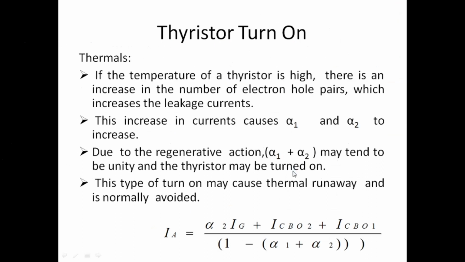Then what happens? We need to understand. If the temperature of the thyristor is high, what happens usually? There is an increase in the number of electron-hole pairs, which increases the leakage currents. Why, if the temperature of the thyristor is high, does the number of electron-hole pairs in the junction J2 increase?